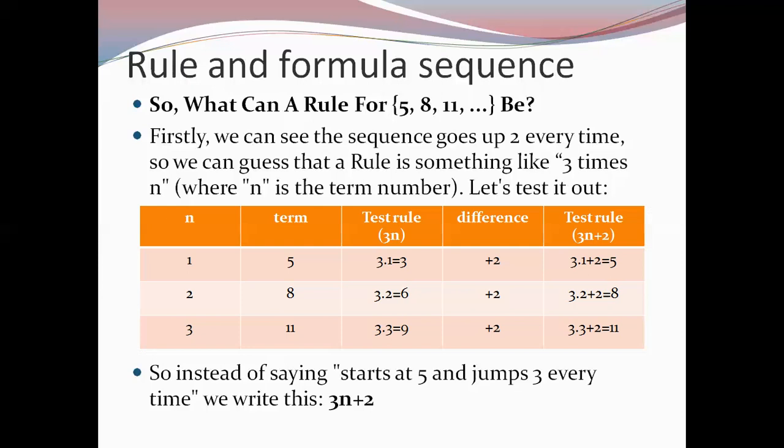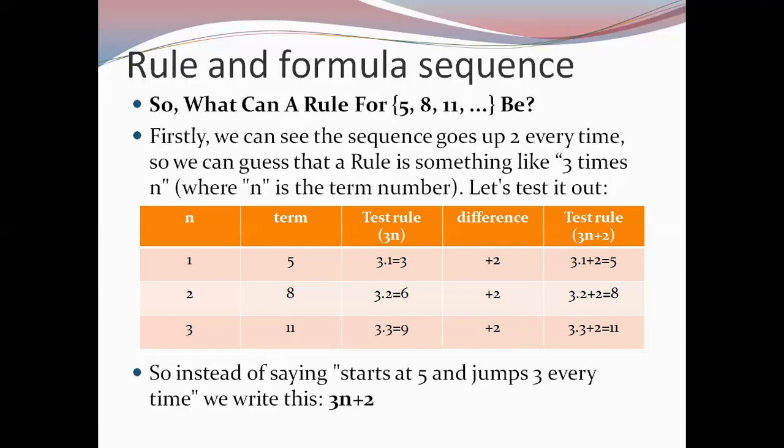Now 3 times 1 is 3, 3 times 2 is 6, and 3 times 3 is 9. 5 to 3 is a difference of plus 2. 8 to 6 is a difference of plus 2. And 11 to 9 is a difference of plus 2.